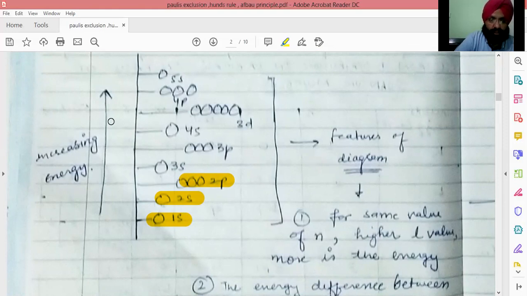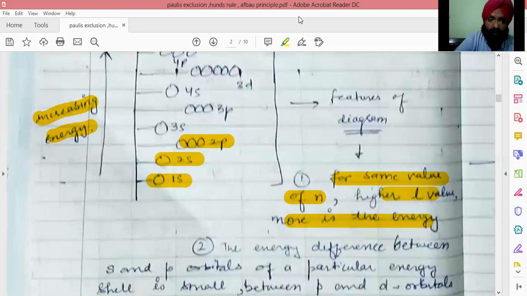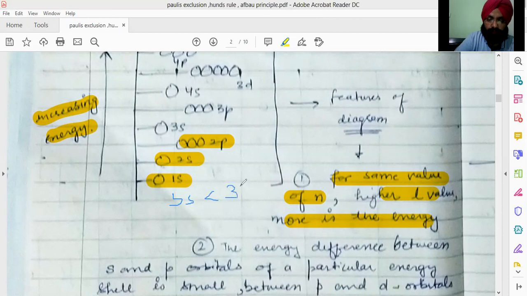So there are some features of these multi-electron atoms. The first one: for the same value of n, the higher the L value, the more the energy. It means 3s has lower energy than 3p, which has still less energy than 3d.